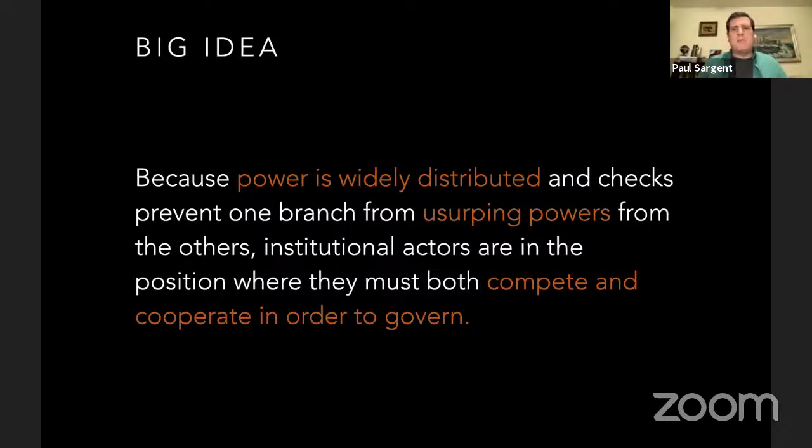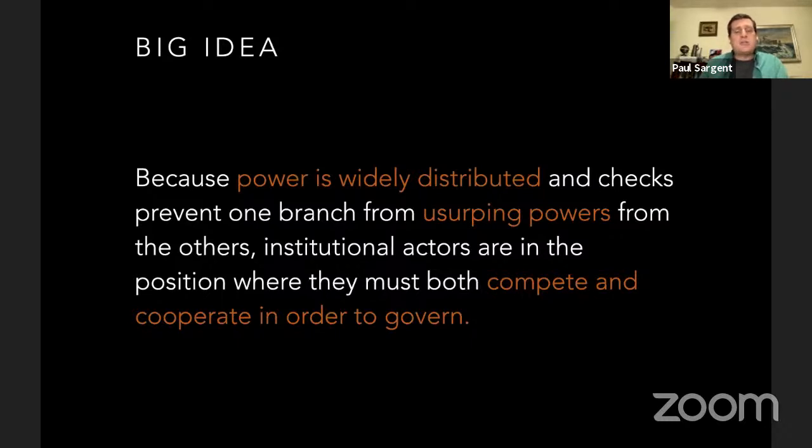I'm just highlighting the main ones. The executive branch has the check of implementation on the other two branches, which is a big one, but it also has veto power over the legislative branch. And then the judicial branch has that judicial review power. This prevents one branch from usurping powers from the others. The other branches are checking the power of the other branches.